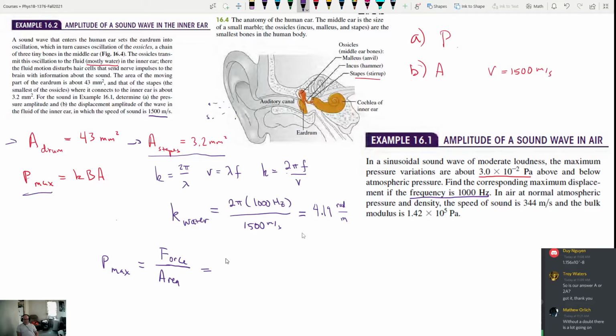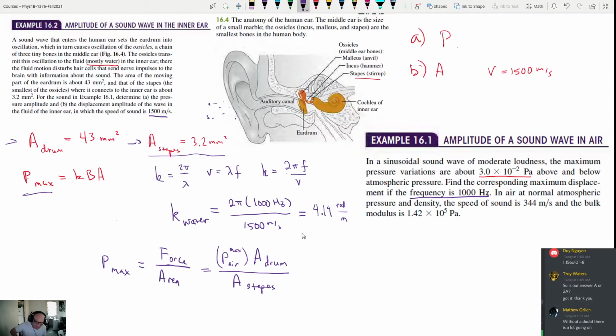So this would be pressure in the air, maximum, times the area of the drum, I think, divided by the area of the stapes. Does that make any sense at all? Yeah.